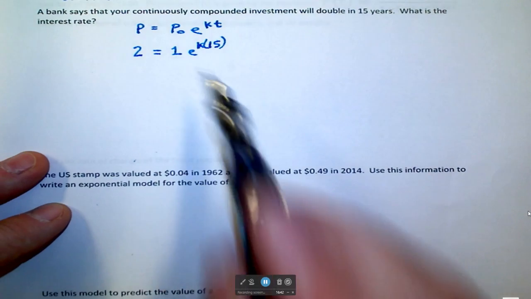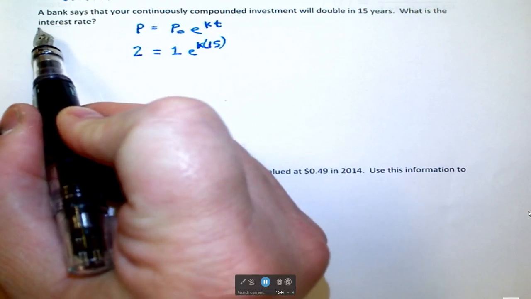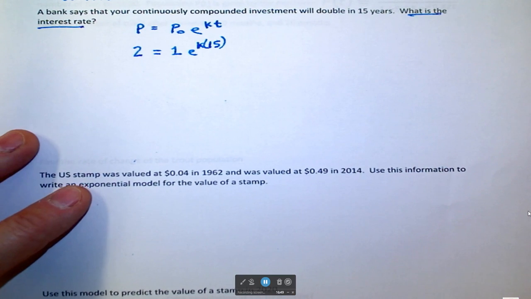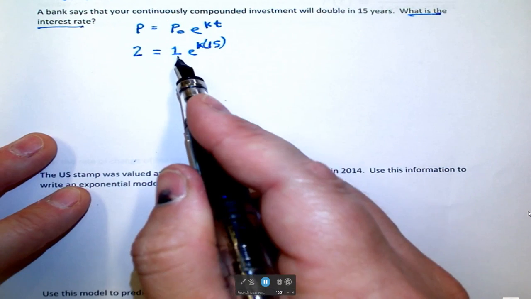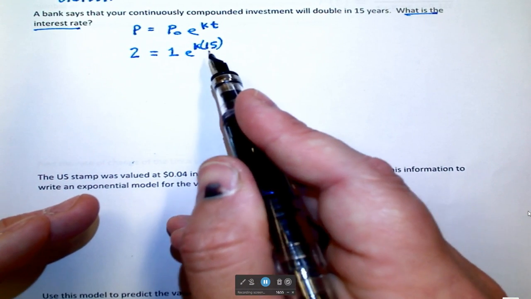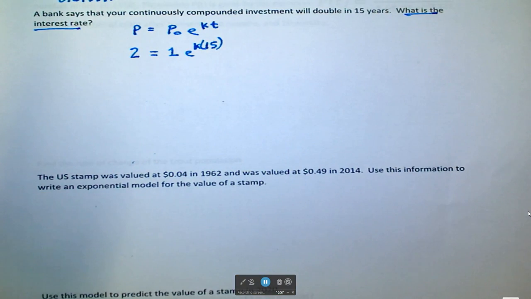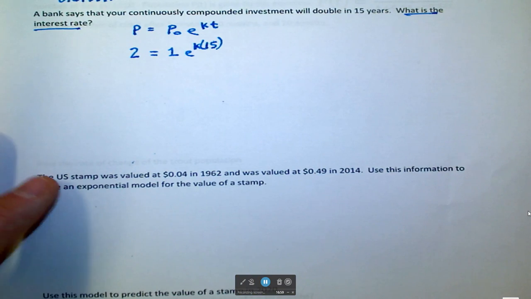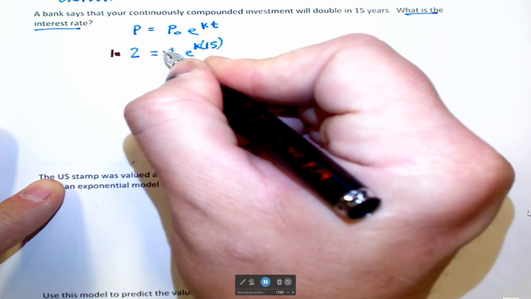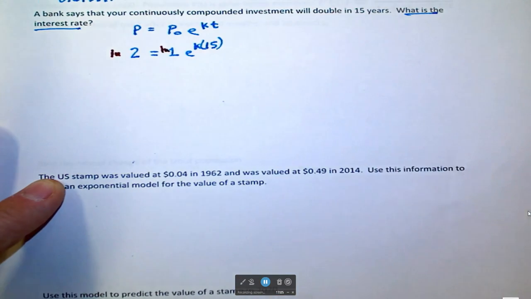So the only unknown here is k, which is our growth rate. And that's what they want us to find. So what do we have to do? Well, the first thing you would do is divide by P naught, if you so choose, to get this expression by itself. I'm not going to do that because it's not going to change the problem. How do we get rid of this exponential expression? We're going to take the natural log of both sides, right?